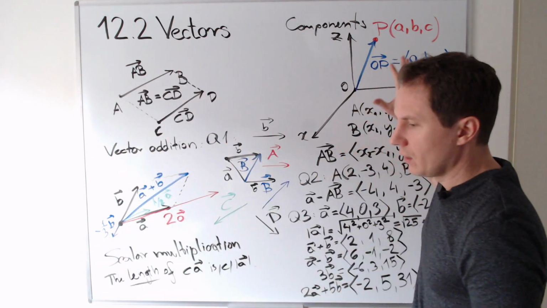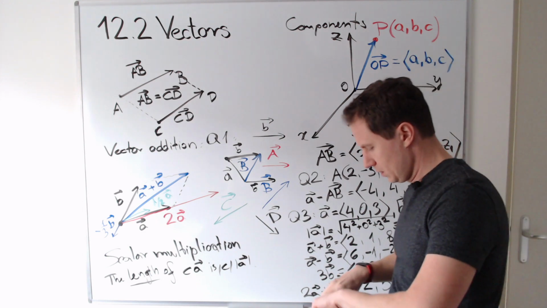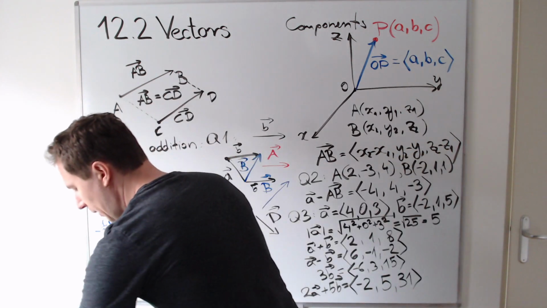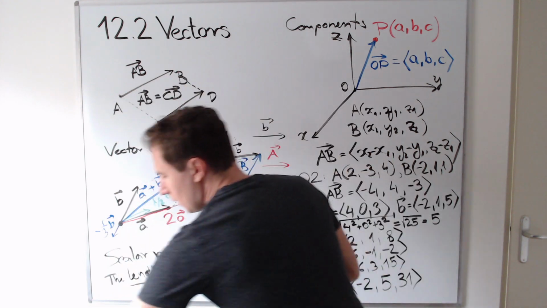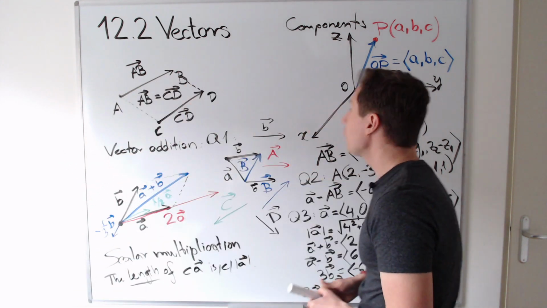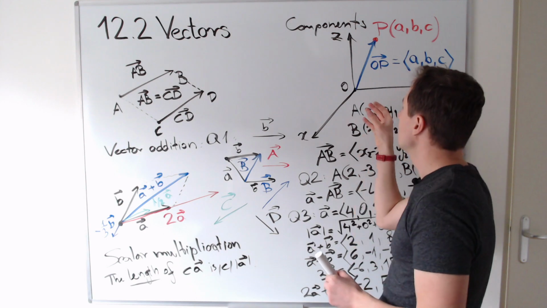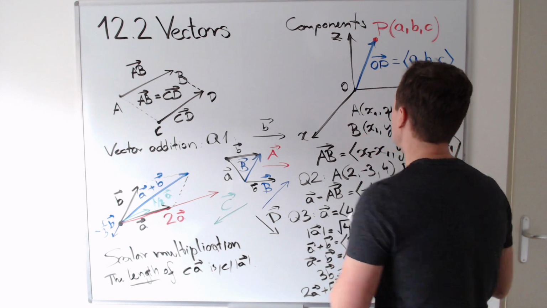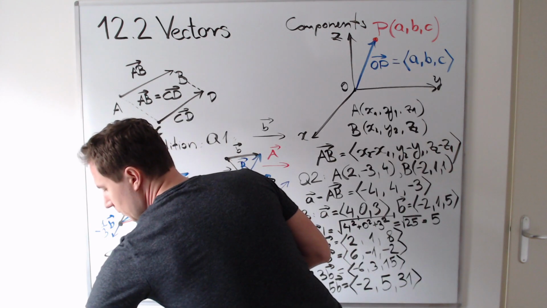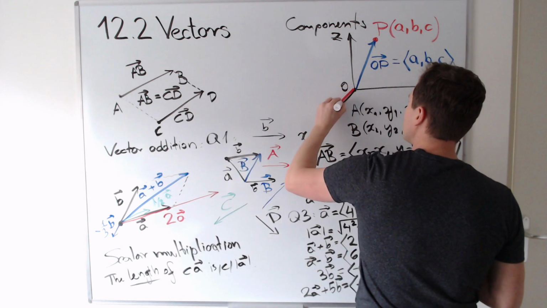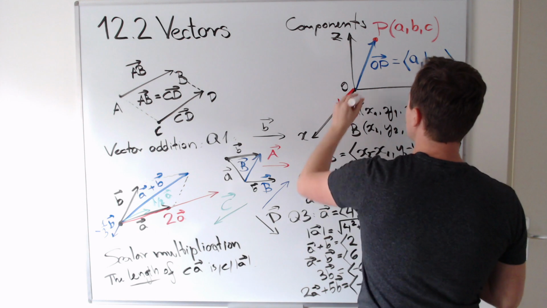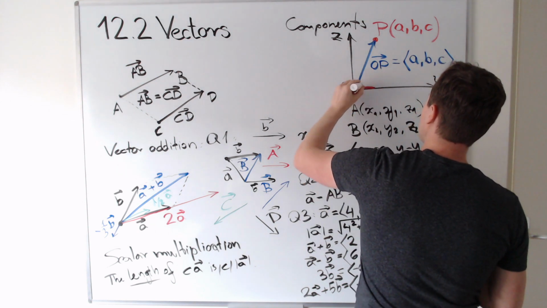And finally, once you have components, you can talk about the basis vectors, and these are vectors of unit length along the positive direction of the coordinate axes. So let me indicate these unit vectors in this figure.